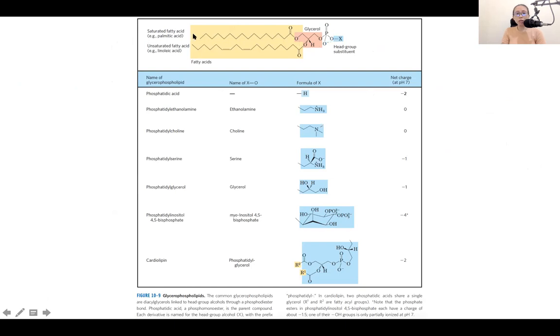Okay? The most common fatty acids that you will find in your phospholipids are palmitic acid and linoleic acid. Tama ba to? Wait lang. I should confirm that. Kasi may variety din kung ano yung fatty acids na nakalink dun sa glycerol.